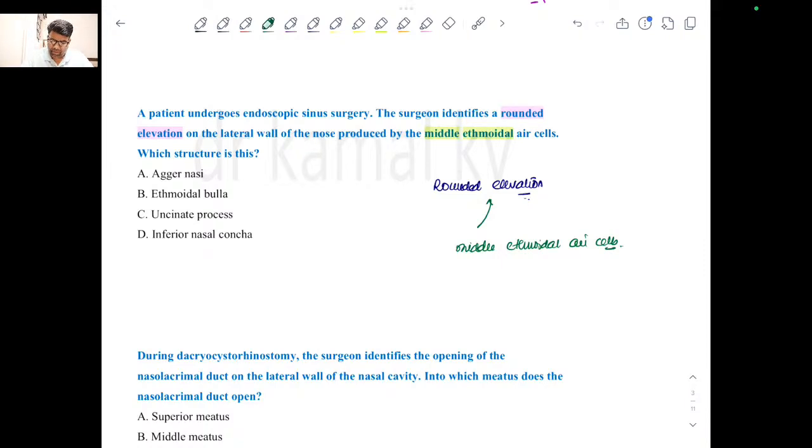Now here, one of the clues is given to you: middle ethmoidal air cells. So based on this, you can remember ethmoidal bulla.